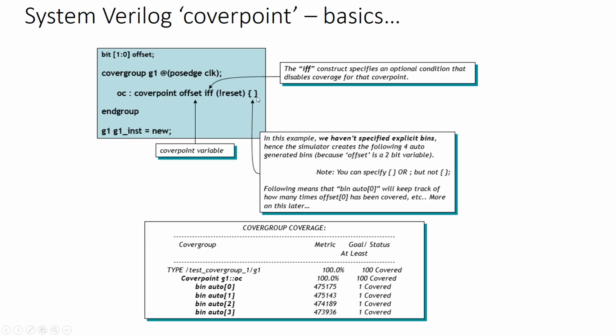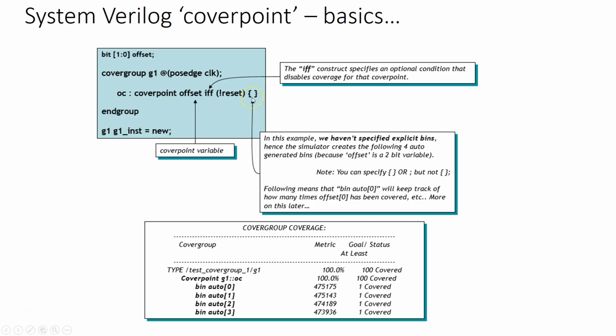But if you do put the squiggly brackets, it means that you haven't specified explicit bins. Now, we don't know what a bin is, but basically a bin is something where you collect the coverage information. So for example, when I put these squiggly brackets, it basically says create 4 automatically generated bins. Why 4? Because offset is 2-bit wide. So in auto_bin_0, this is the name that the simulator will provide, because I'm not saying anything about the bins.